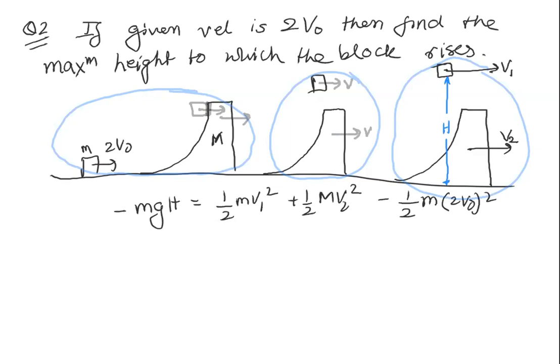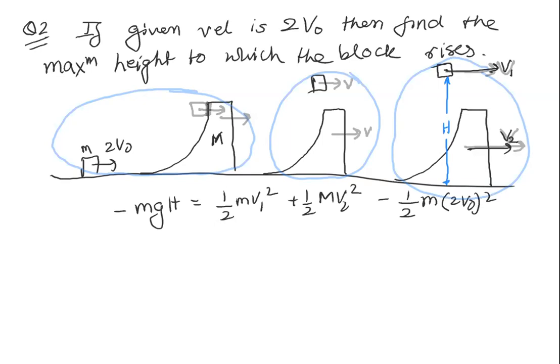Therefore, their velocities along the x-axis must become constant, both their velocities. And this should continue throughout the motion when the block is not in contact with the wedge.